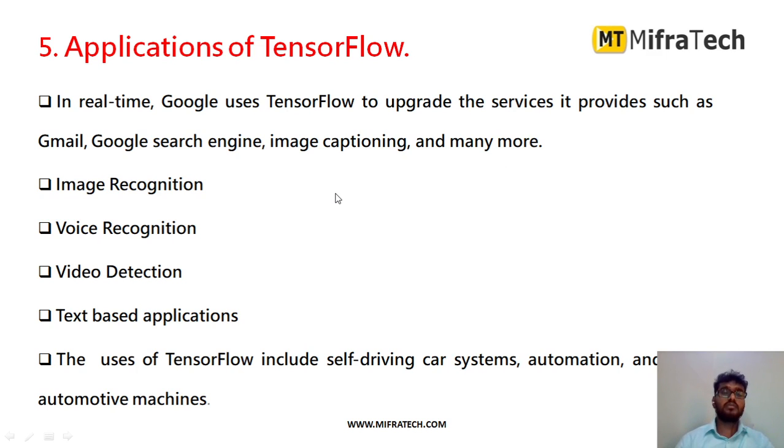We can also do image recognition, voice recognition, or video detection. In these applications we make use of TensorFlow. Text-based applications we can also do, like classification and regression. TensorFlow is also used in self-driving car systems, in automation, and in many more automotive machines.